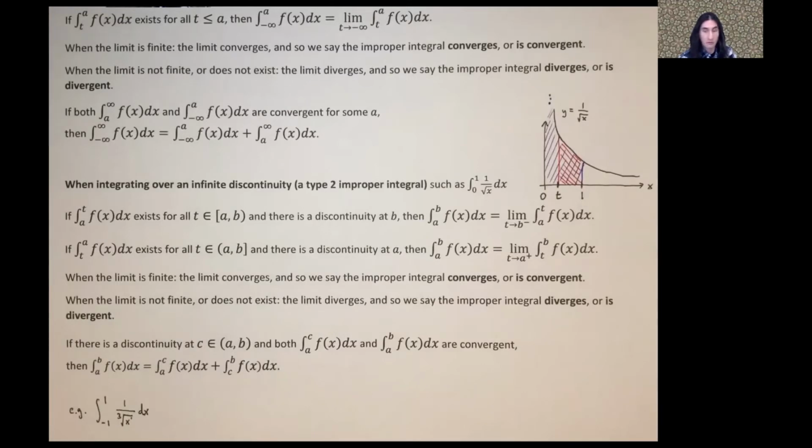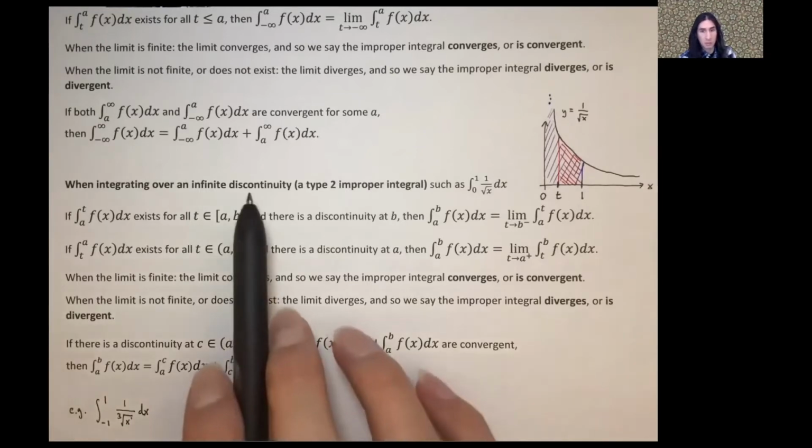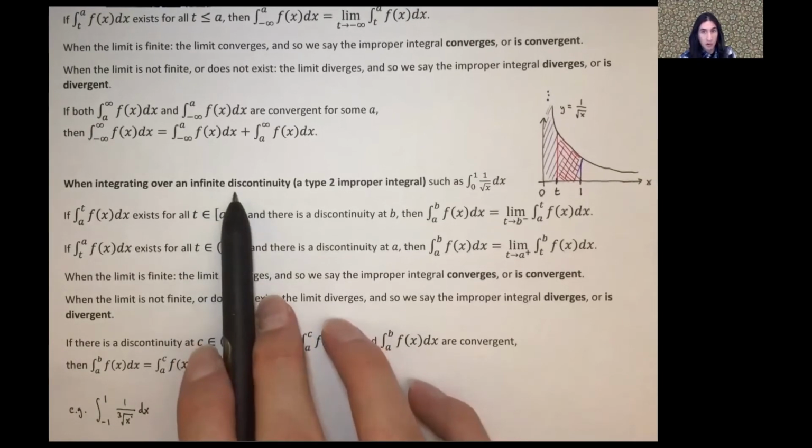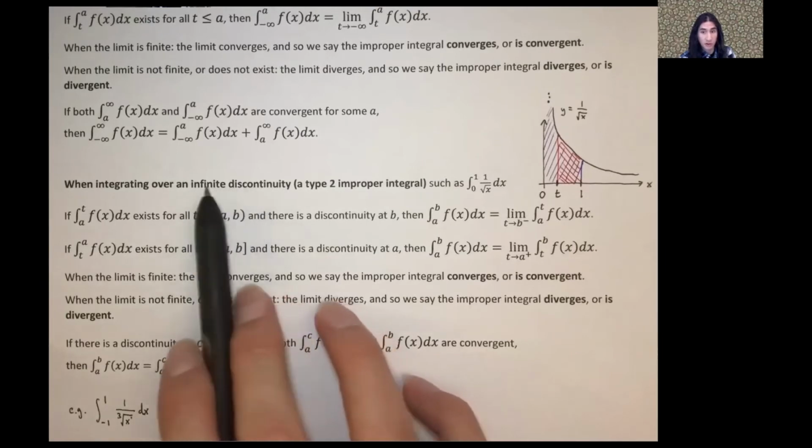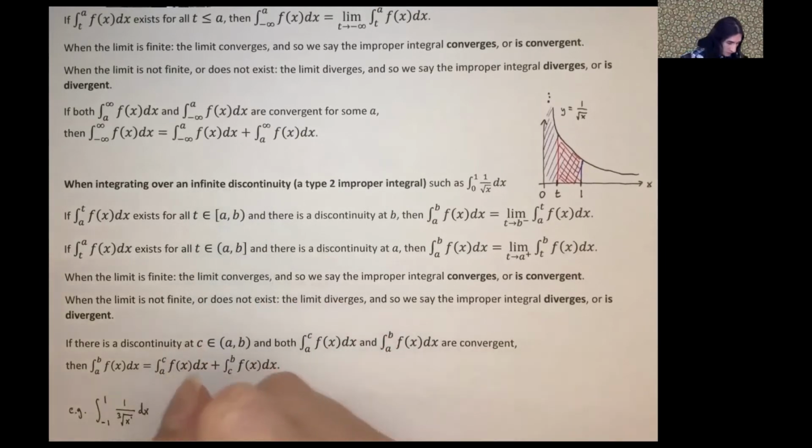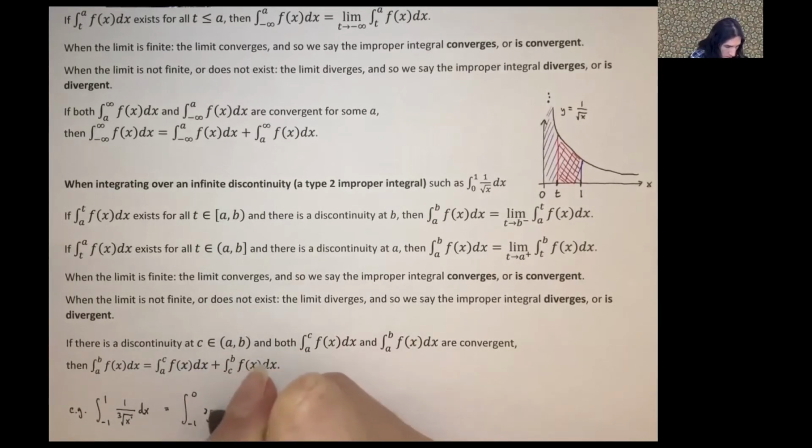And so we would have to break this up into two different improper integrals, each one with just a single infinite discontinuity to worry about. So we would break this up into an integral from -1 to 0 on the one hand, and an integral from 0 to 1 on the other.